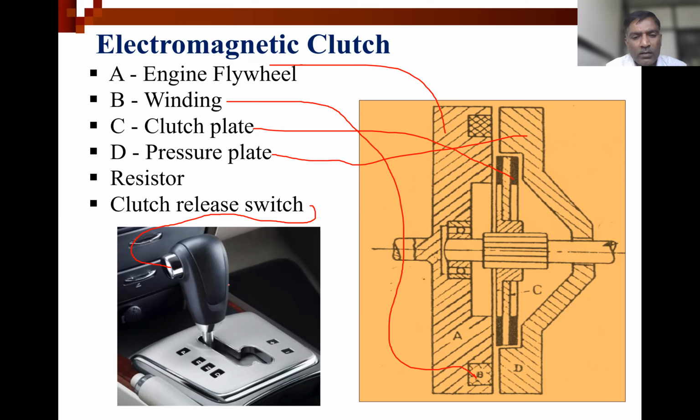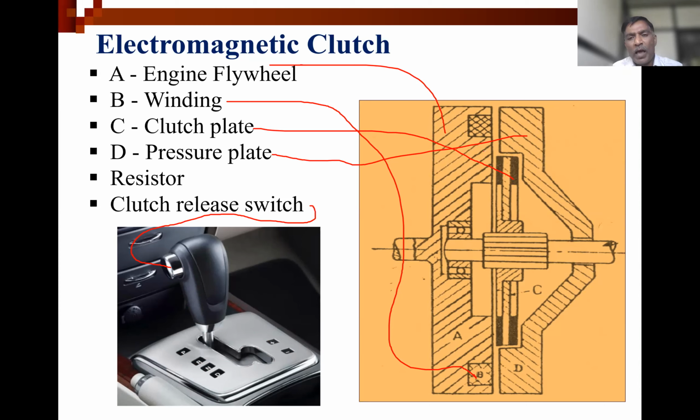Such a lever is used in automatic transmission. This is drive mode, this is neutral mode, and other modes are there. While shifting the gears, we need to release the clutch. So how to release? Just by pressing this.